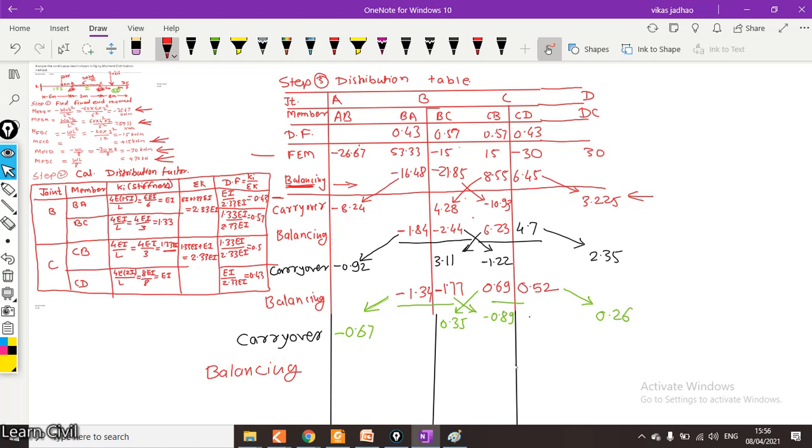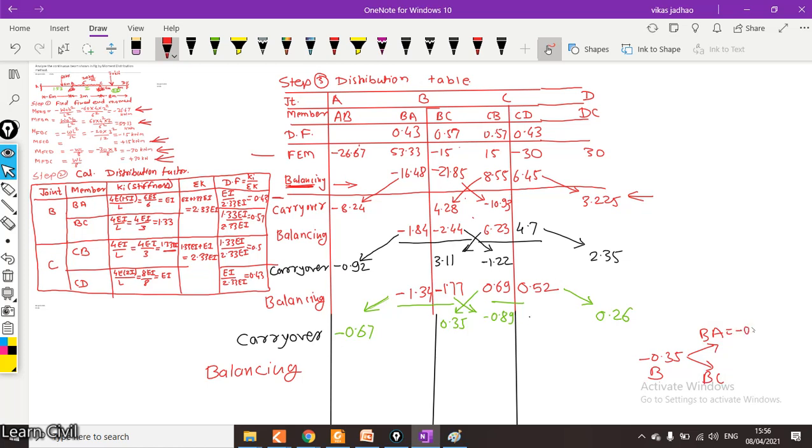Again, a similar procedure. We have an unbalanced moment here of 0.35, so apply the opposite moment of minus 0.35 at joint B and distribute it among BA and BC in terms of their distribution factor.